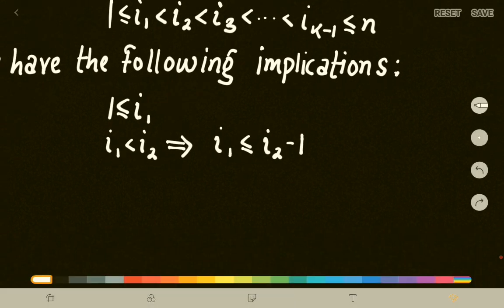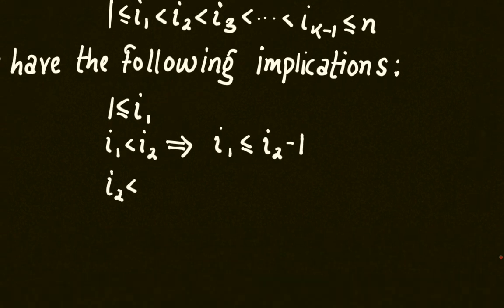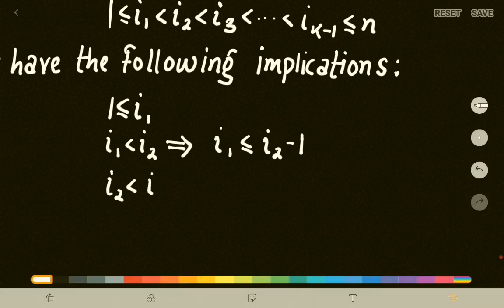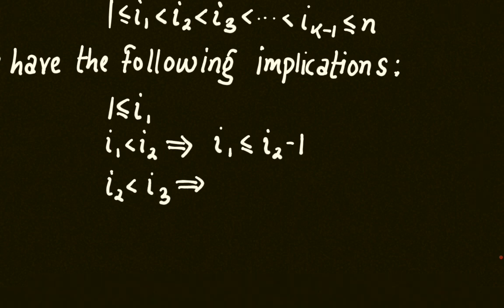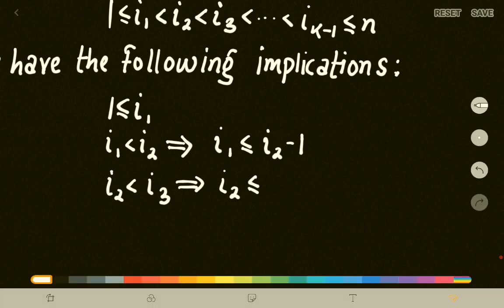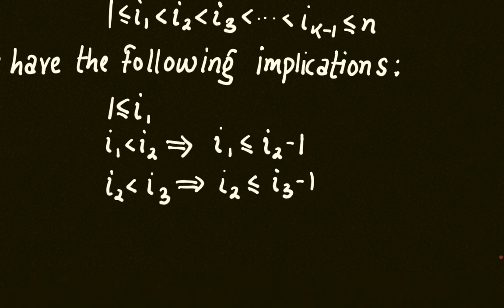So I sub 2 is strictly less than I sub 3, which implies I sub 2 is less than or equal to I sub 3 minus 1.